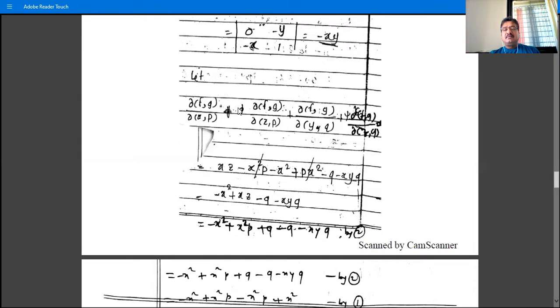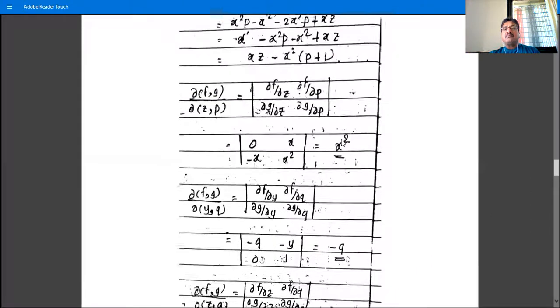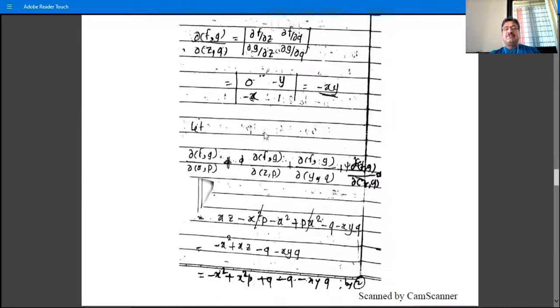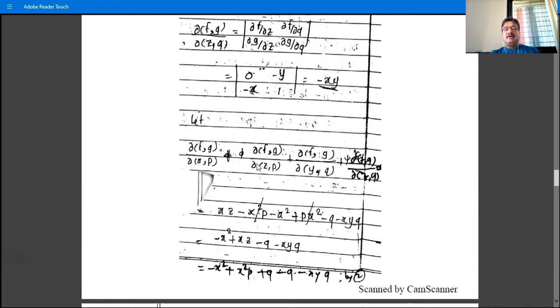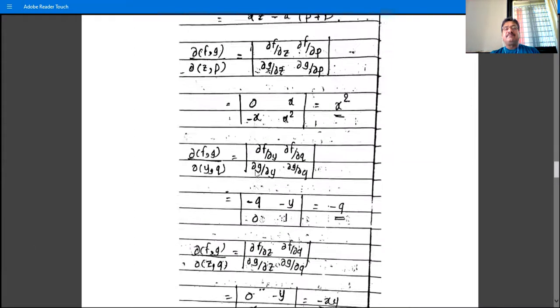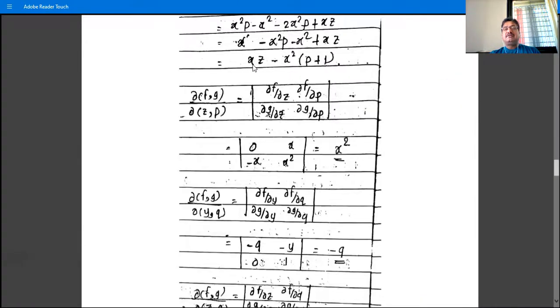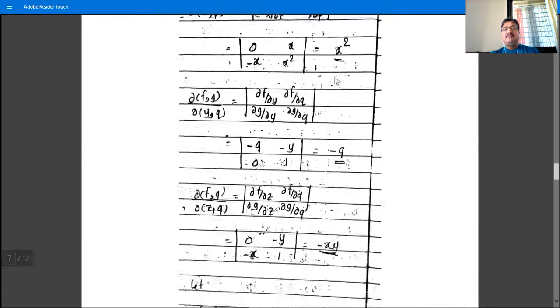Then this value is what? P into x square. Yes, this value ∂f/∂x, ∂p, ∂f/∂z, ∂p. This value is what? P in bracket, this value xz minus x square p plus 1.